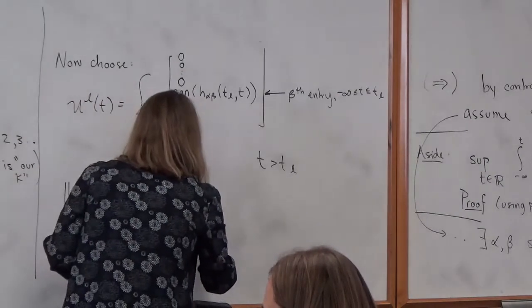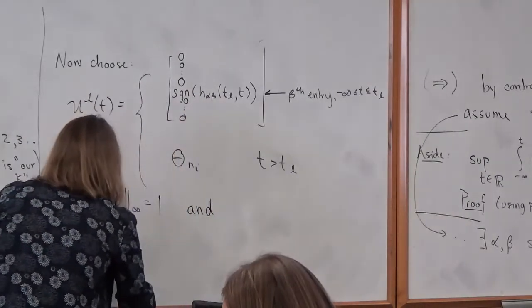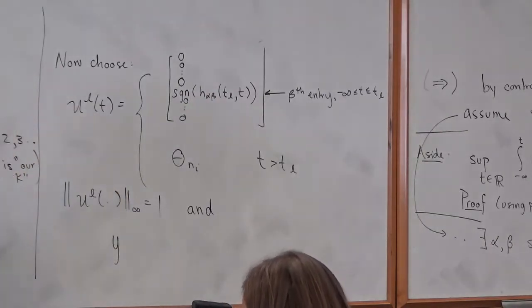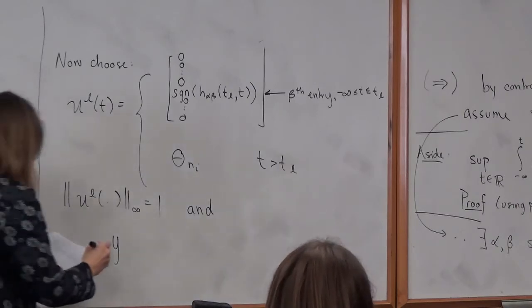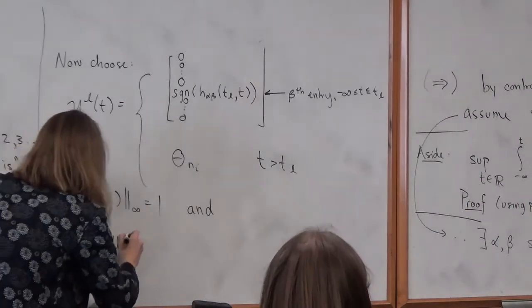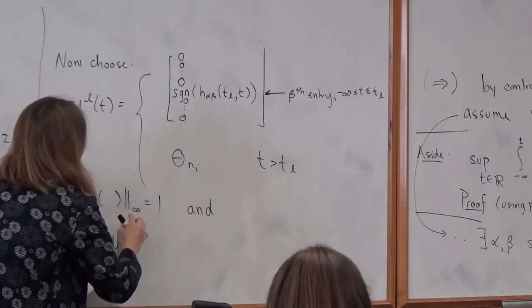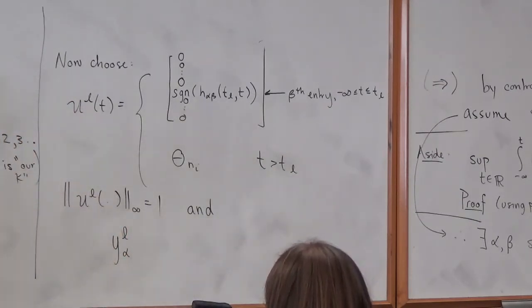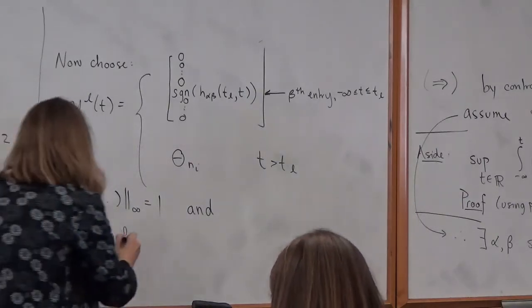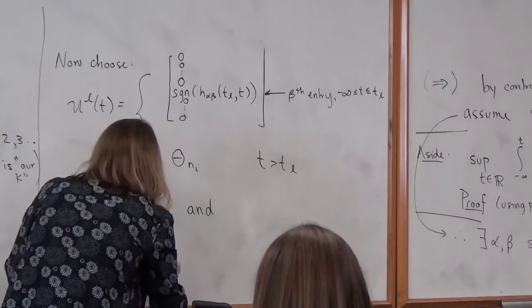And if we look at the output, it's the alpha beta'th entry. So I've applied the input to pull out the beta'th column of this matrix H, and I look at the alpha output. This is the alpha element of the output vector, evaluated at t_L for that input.